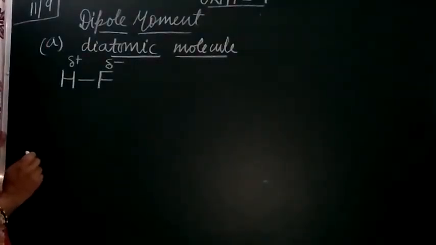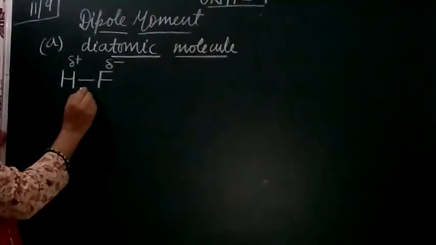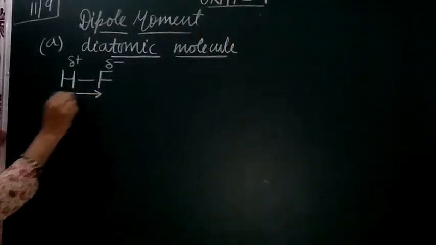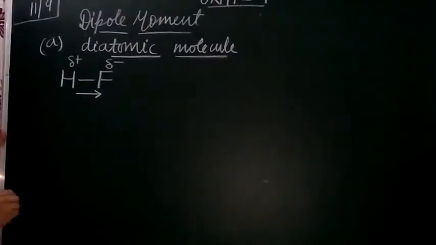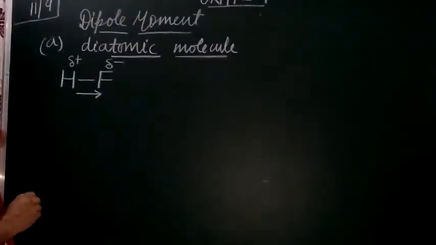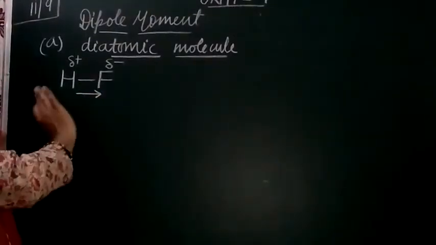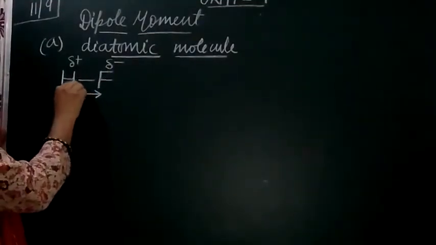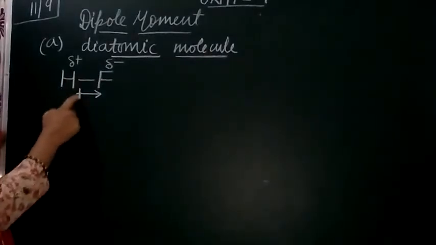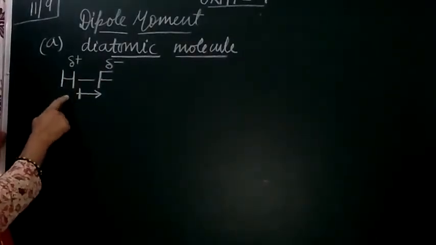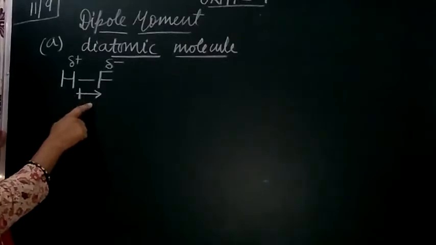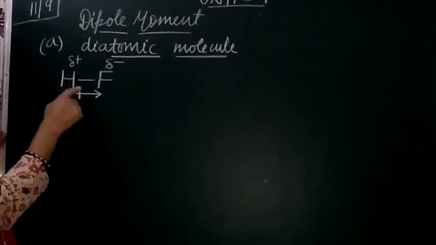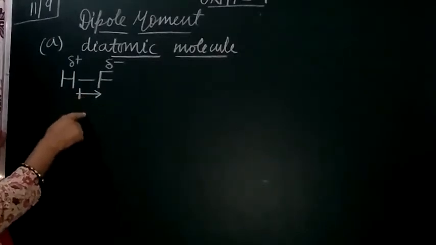The dipole moment is indicated by an arrow. The arrowhead will point toward the more electronegative element, which shows that the electron cloud is more dislocated toward the electronegative element, and the bar will be toward the less electronegative element. This is a diatomic molecule, and here we have expressed how to represent the dipole moment in a molecule.